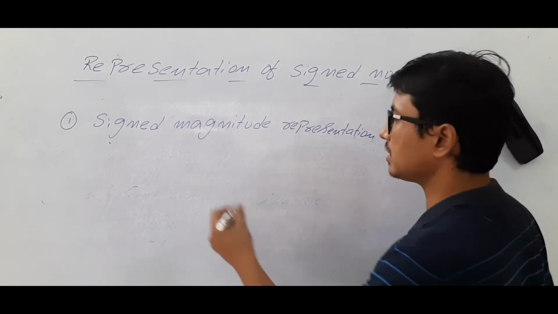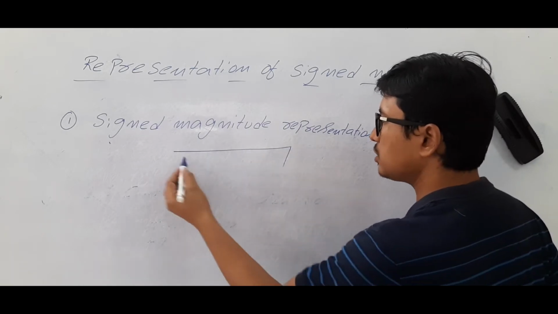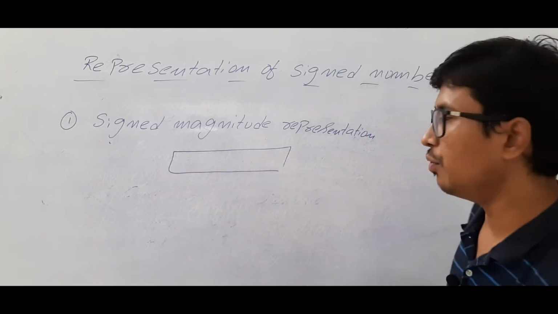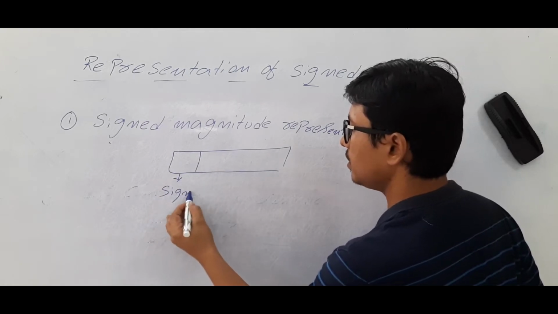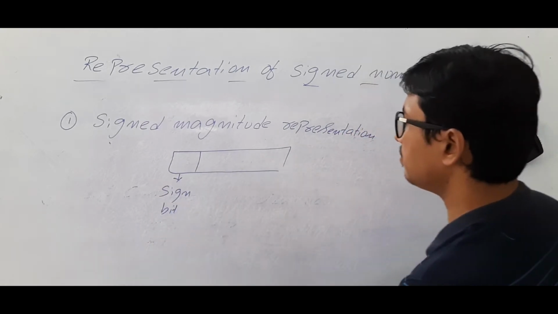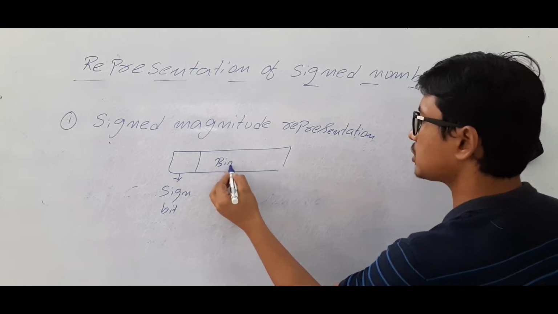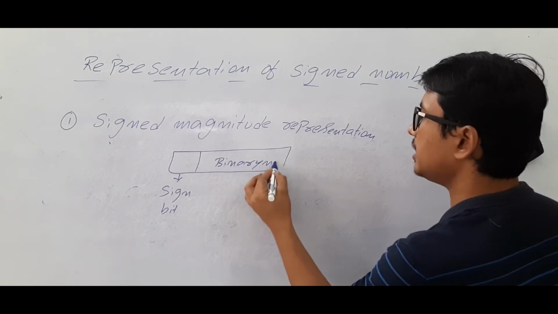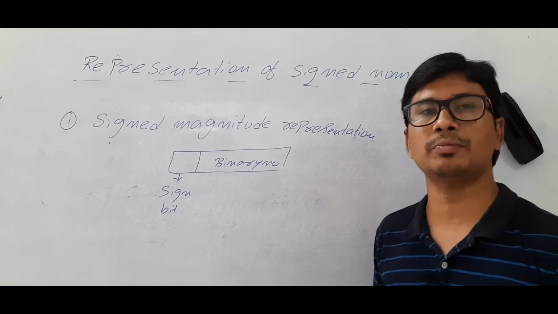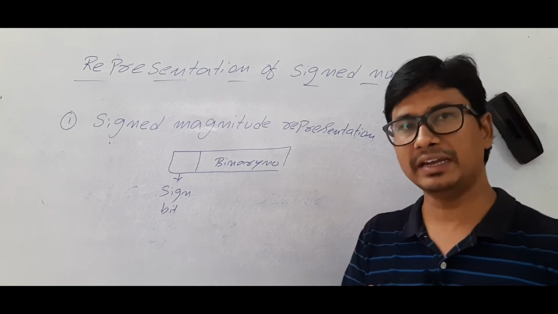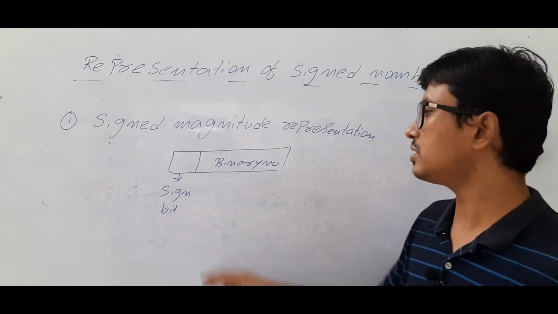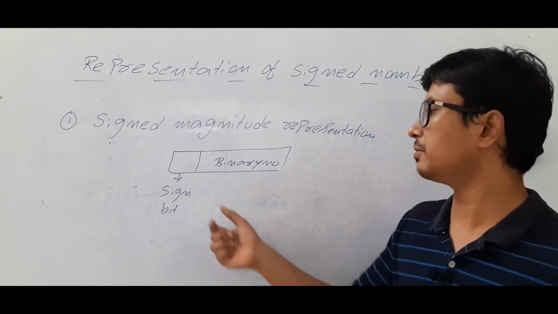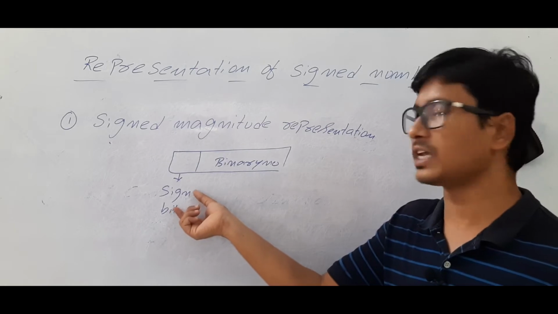Please remember one thing. In a sign magnitude representation, we will have one bit called a sign bit and the actual binary number. Sign magnitude, ones complement, twos complement, everything will work for binary numbers, so we will convert them into binary numbers. Suppose I have a positive number, I have to represent the sign bit here.